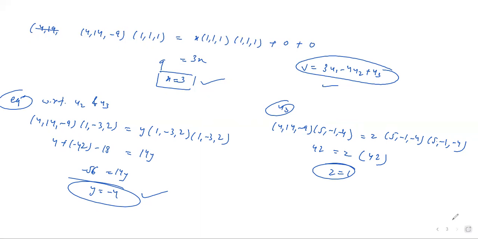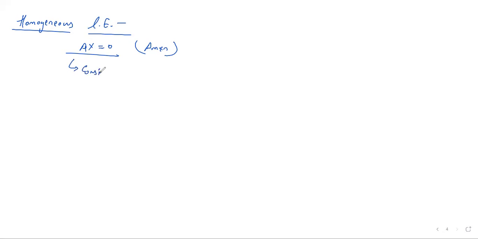Okay, now let's see homogeneous systems of linear equations. Homogeneous linear equations are basically of the Ax = 0 type. Now let's consider A which is of n cross n. Now this Ax = 0 is a homogeneous system. This system is necessarily consistent because it possesses a trivial solution.